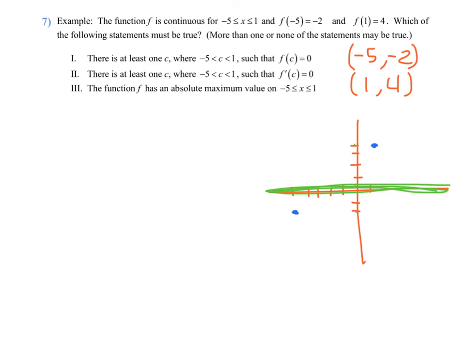Absolutely. And so no matter how I connect these two dots, as long as it's a function, I have to pass through the x-axis. Therefore, as long as it tells me it's continuous and it's a function, it's going to have to pass through the x-axis. And so I would say that number 1 is a yes by the intermediate value theorem.